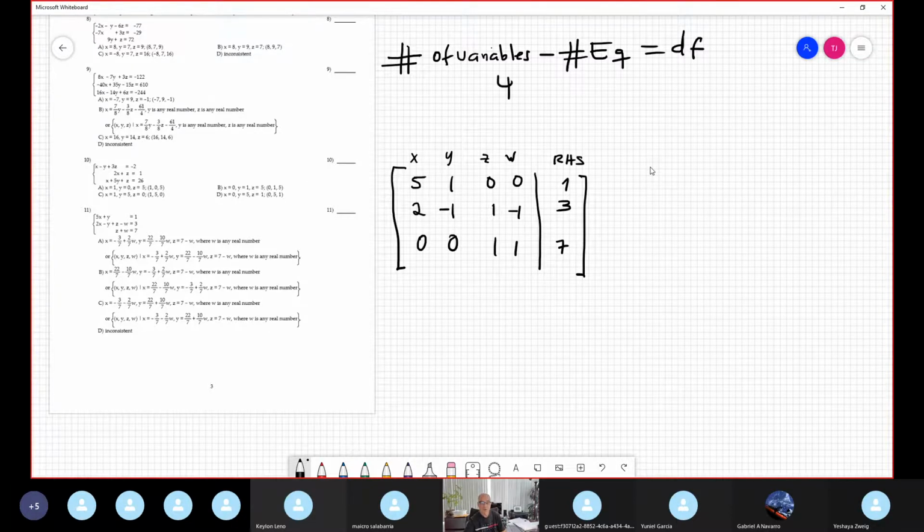The number of variables is 4, the number of equations is 3. We have 1 degree of freedom. That means we have only one free variable. Therefore, we have infinitely many solutions. So we expect that.